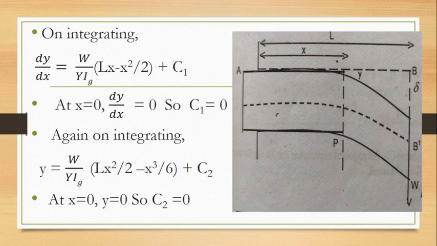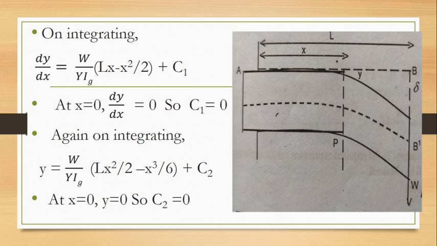Again on integrating, what will you get? You will get the expression for y. So y is equal to w by YIg into (Lx square by 2 minus x cube by 6) plus C2. Again another constant of integration, C2. Now how will we evaluate C2?